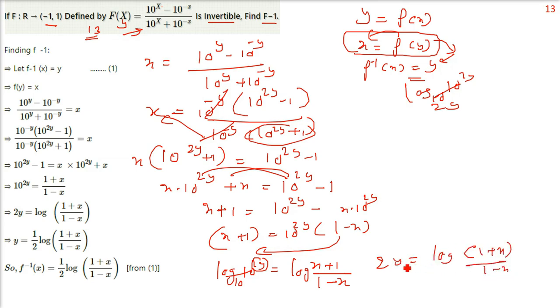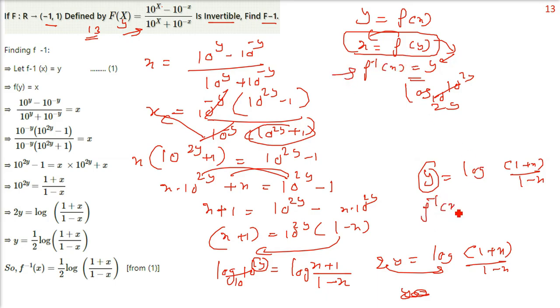So y will be essentially equal to half log of 1 plus x by 1 minus x. As I told you, y was f inverse x. So f inverse x is half log of 1 plus x by 1 minus x. This is your final value.